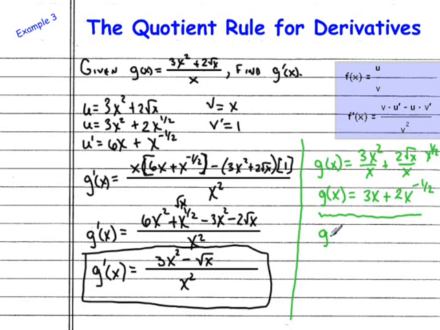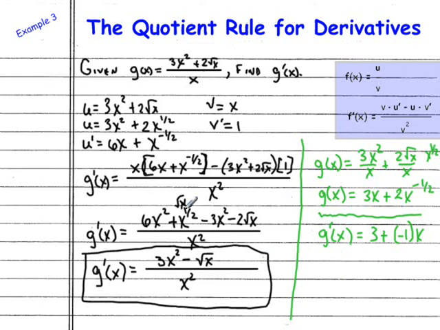So g prime of x would be equal to, well, let's see, the derivative of 3x would just simply be 3, and the derivative of 2x to the negative 1/2, well, negative 1/2 times 2 is a negative 1, and when we decrease the exponent negative 1/2 by 1, let's see.